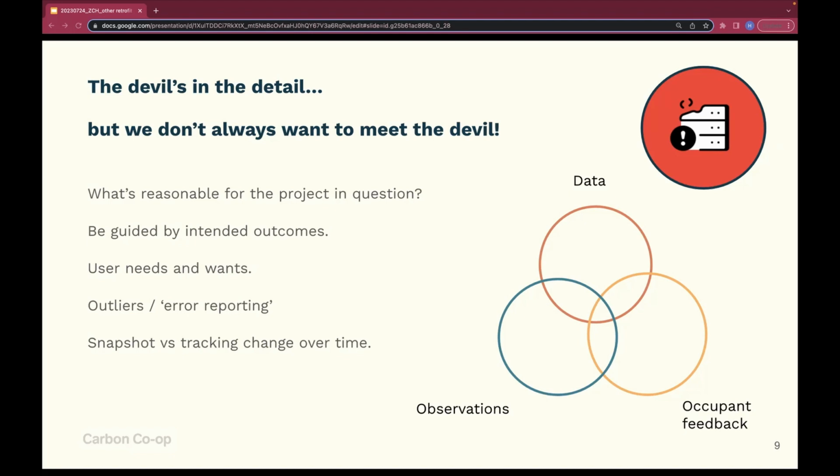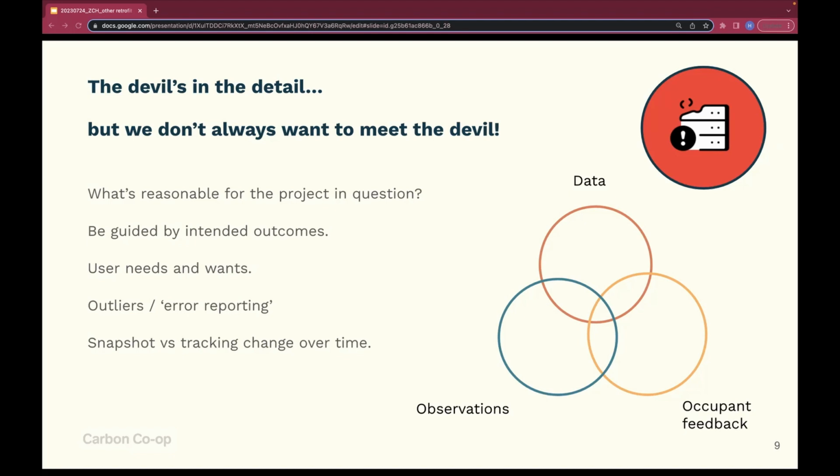Certainly if you're dealing with any volume of homes in a programme, you're just not going to be able to deal with looking at reams and reams of data per home. So it's useful for flagging things that warrant further investigation. Comparing what's reported and what's observed is useful. Obviously, relying on one thing alone isn't likely to give you that full picture.